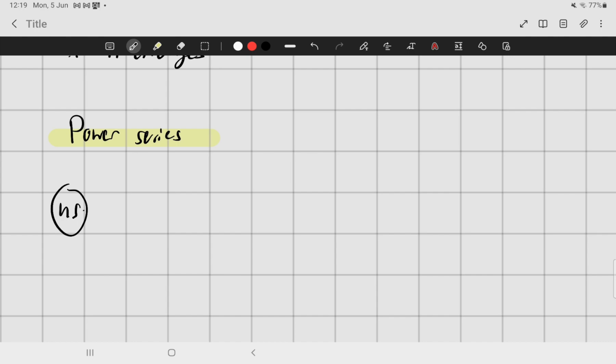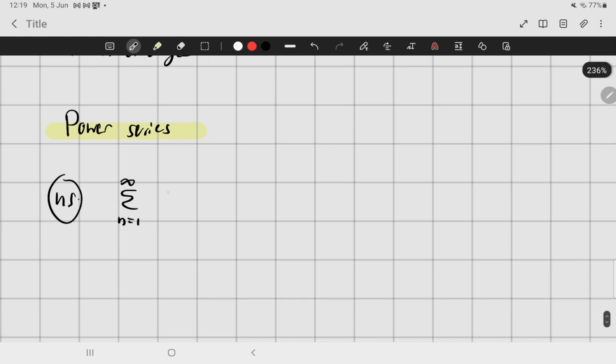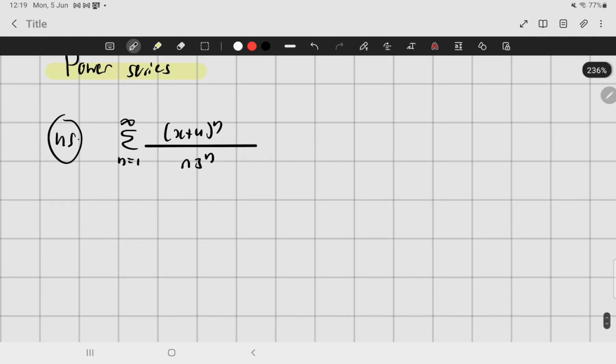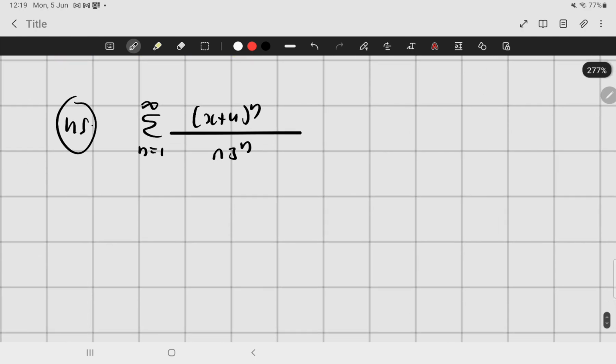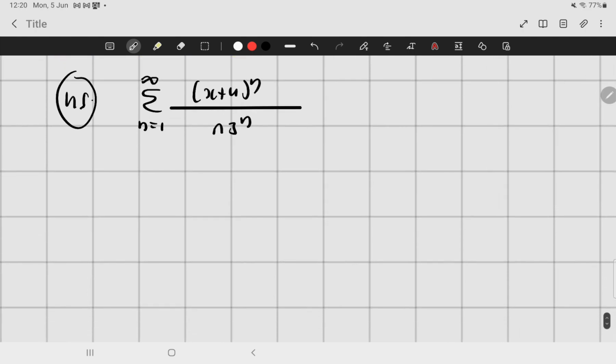So we have the series, and we want to know on what interval it converges absolutely, conditionally, or even if there's an x value where it converges conditionally. Okay, so here we'll be using the root test.